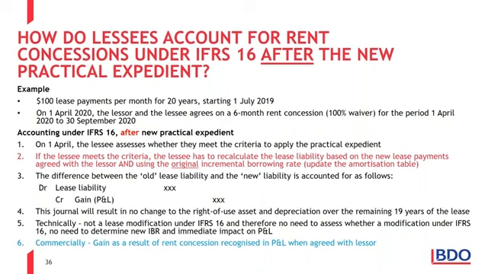So it's a real special rule written particularly for COVID-19, trying to make it easier. And commercially, as a result of this rent concession, we now get the recognition in our profit and loss as soon as it's agreed with the lessor.